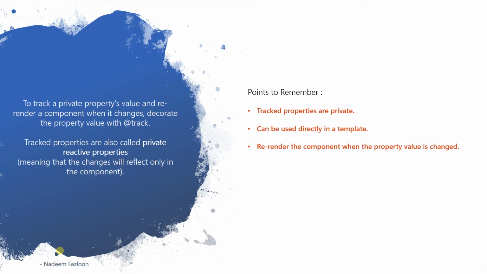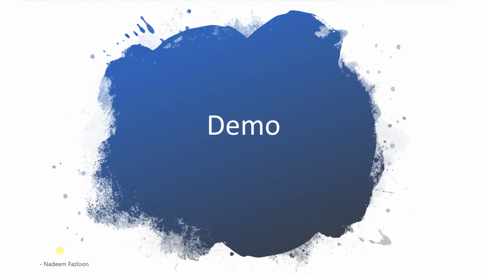If the property value changes, the component will re-render itself. And @track properties are suitable in situations where we need to keep track of the property's value. So let's look at a demo on how we can apply the @track decorator in code.